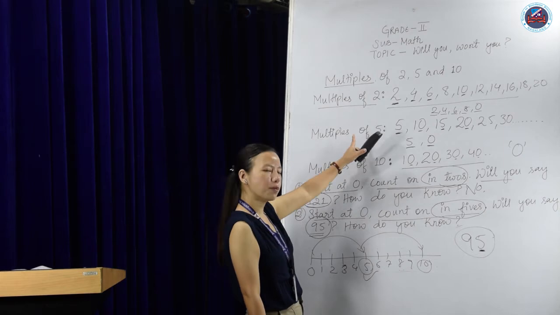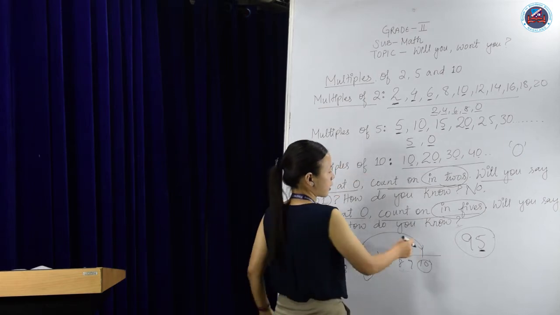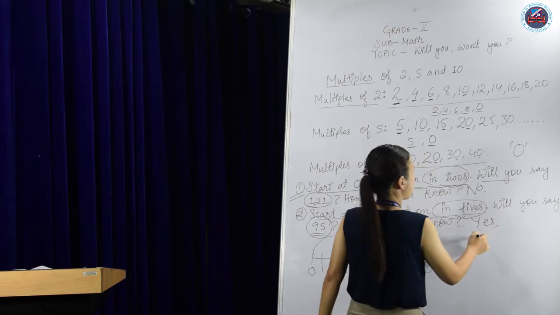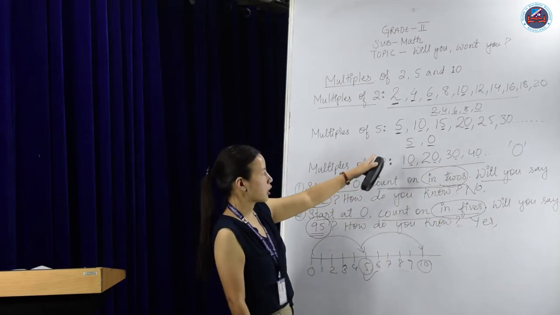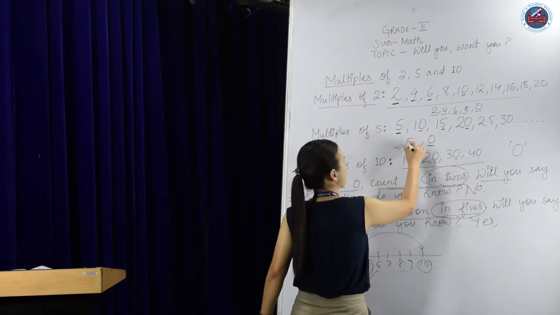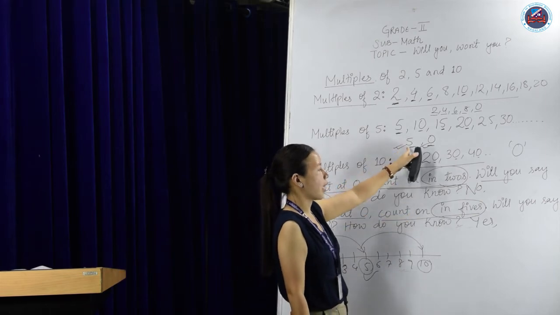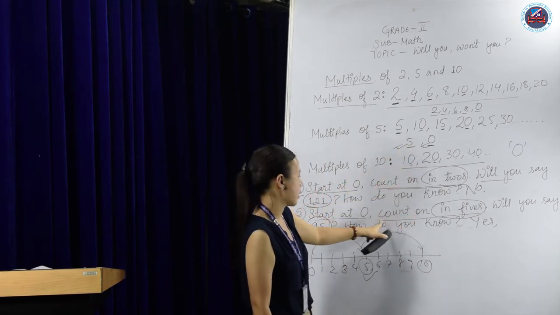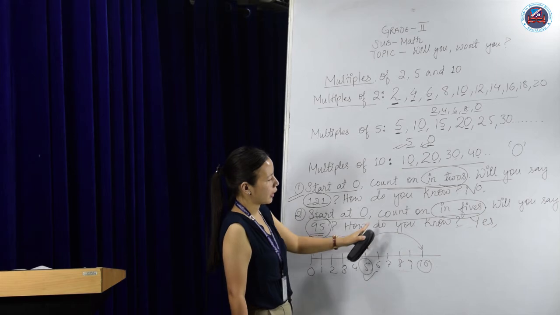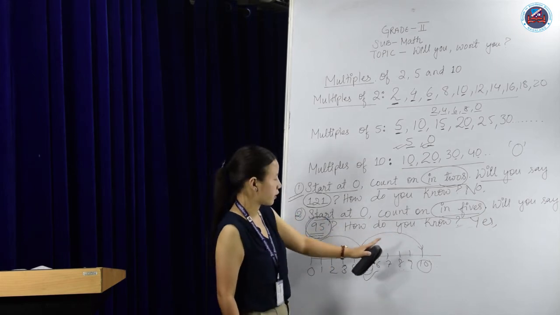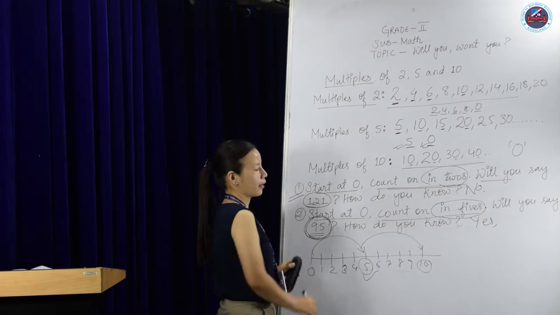That means it's a multiple of 5. So our answer for the second question will be yes, because to be a multiple of 5, your ones place should be either 5 or 0, and in 95 we get 5 in the one space. So we can count on to 95 when we count on in 5s.